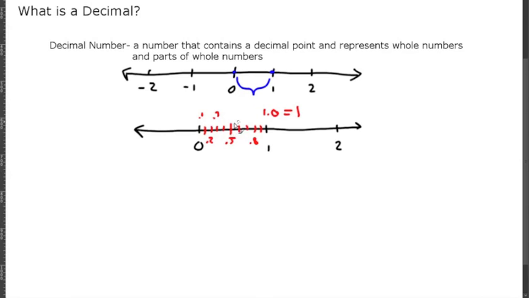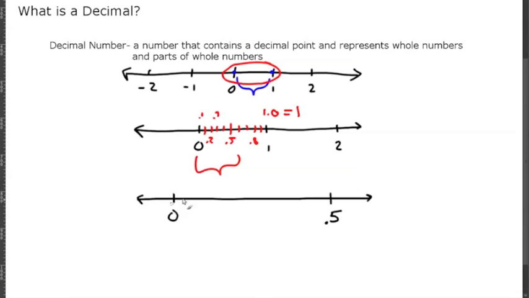Now, looking at this, if we zoom in to this spot right here and look at these tenths, let's just look at this section from 0 to 0.5. We'll zoom in on this. So between 0 and 0.5 we know 0.1, 0.2, 0.3, and 0.4. But if we were to look at this between 0 and 0.1, we can break that up into 10 again.